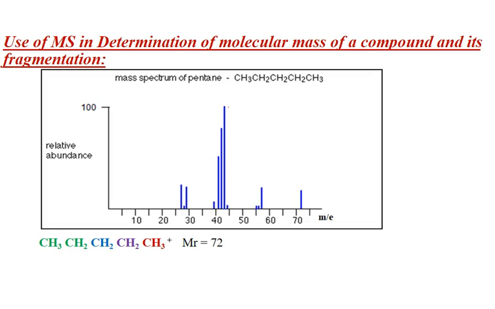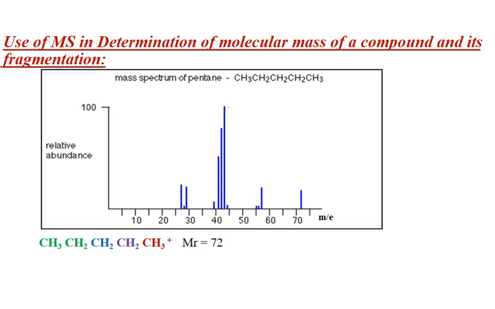Do you remember how to calculate molecular mass? If we have pentane, pentane is C5H12. How do we calculate molecular mass? Each carbon has a mass of 12, so we have 12 times 5, and each hydrogen has a mass of 1, so 12 times 1.